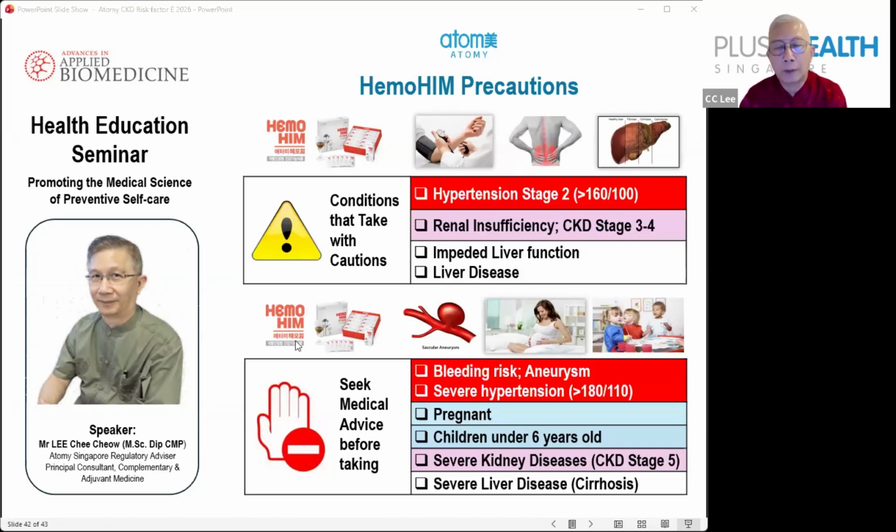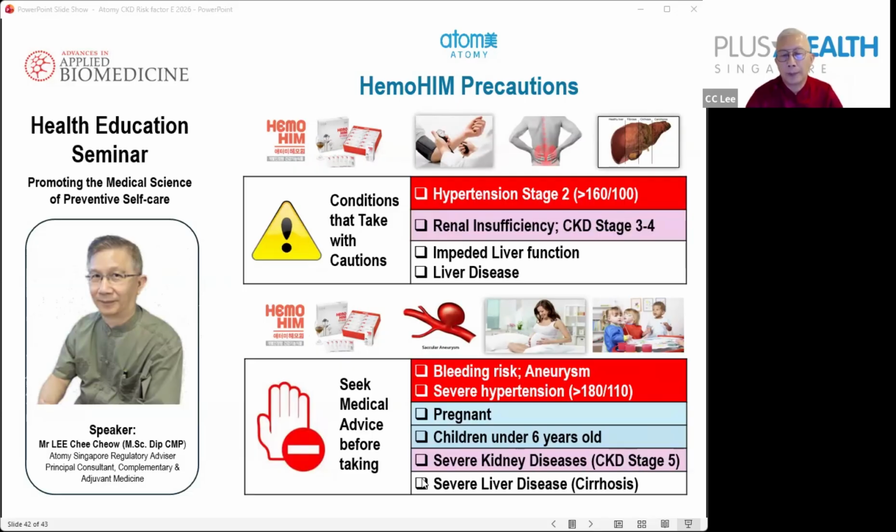Then there is another group of patients that I will advise against taking hemohin. These are people who are suffering from breathing risk, people who suffer from aneurysm, people who suffer from severe hypertension, which is higher than SBP of 180 and DBP of 110, pregnant ladies, children under 6 years old, people who suffer from CKD stage 5, right?